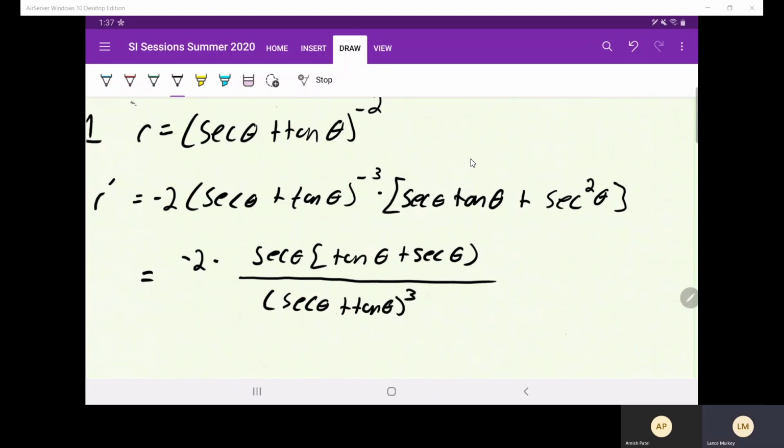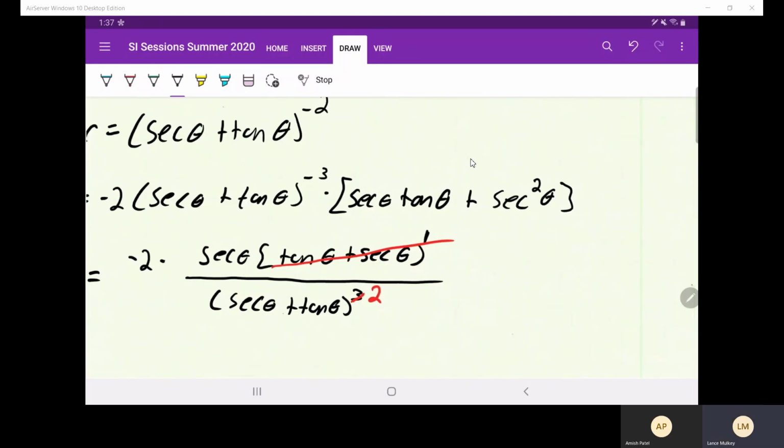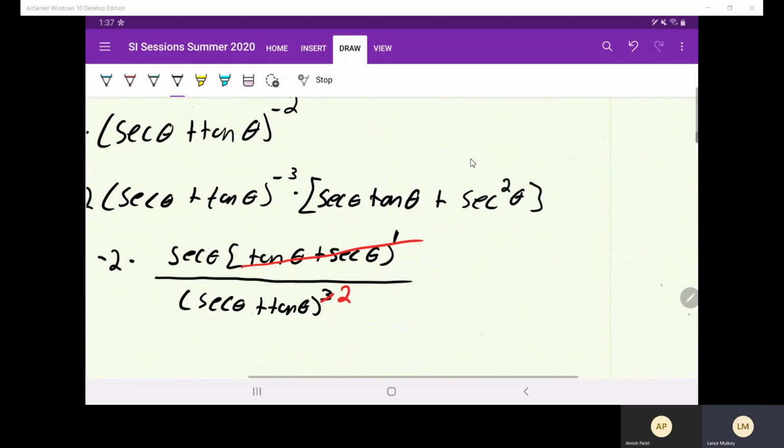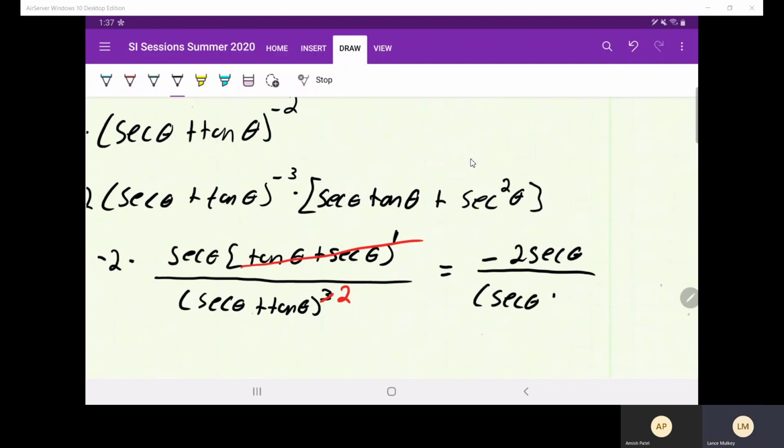And you see how this is to the first power up here? And these are the same thing. So this one drops out and this turns into a 2. And then you end up with negative 2 secant theta over (secant theta plus tangent theta) squared. And that is an answer on there.